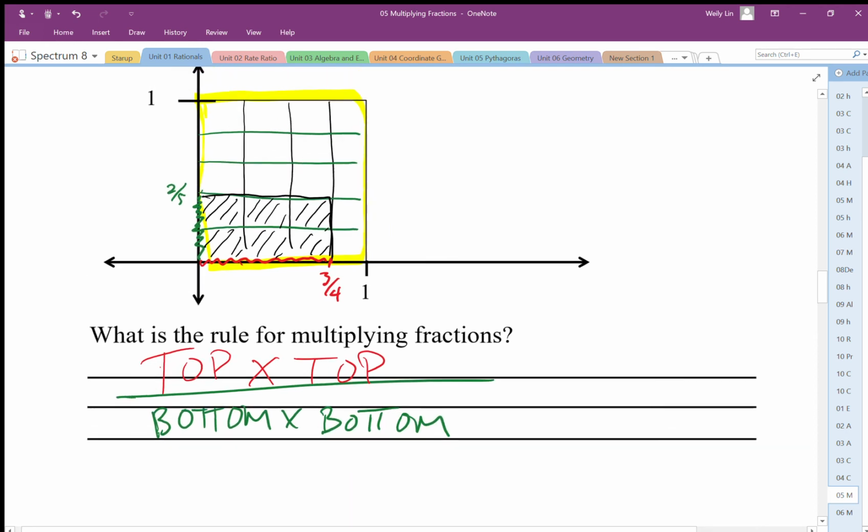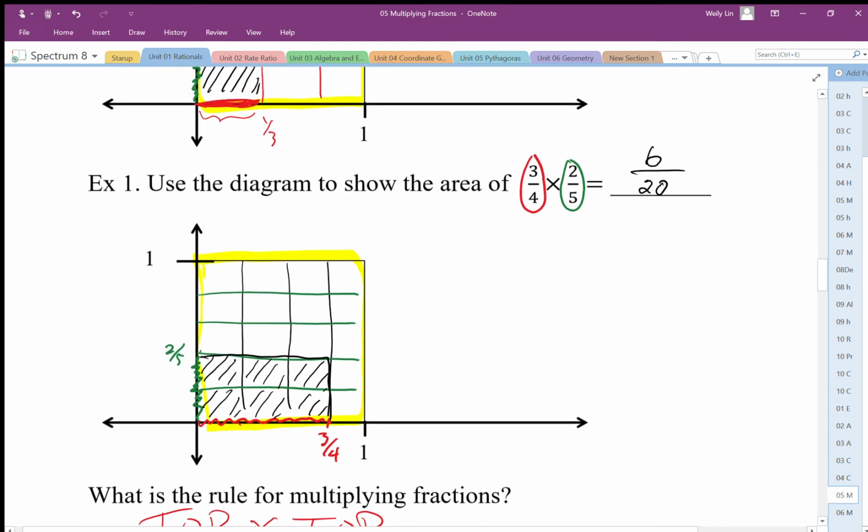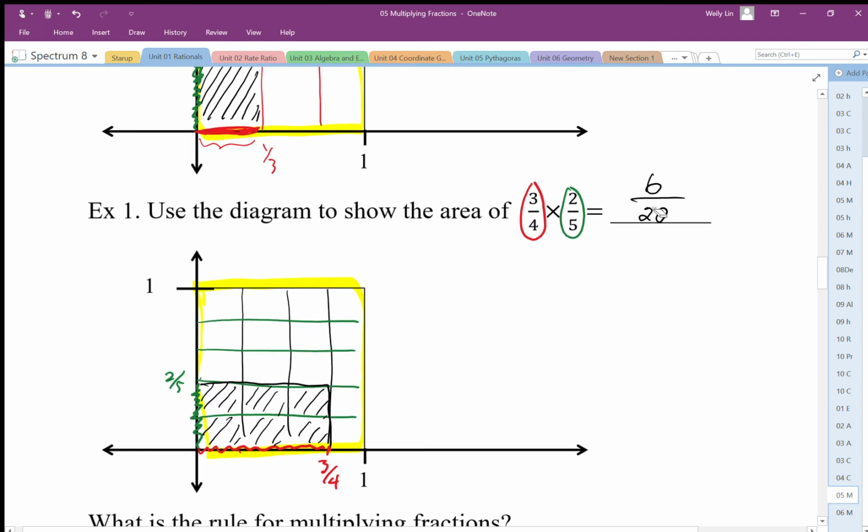This seems like an easy rule to follow. Okay, but we got to make sure that it actually makes sense. It seems to make sense because the bottom represents the number of pieces that make up the whole on the square, and I broke up that square into 4 groups this way to make up my whole, 5 groups this way to make up my whole. Yeah, that makes perfect sense to get 20.